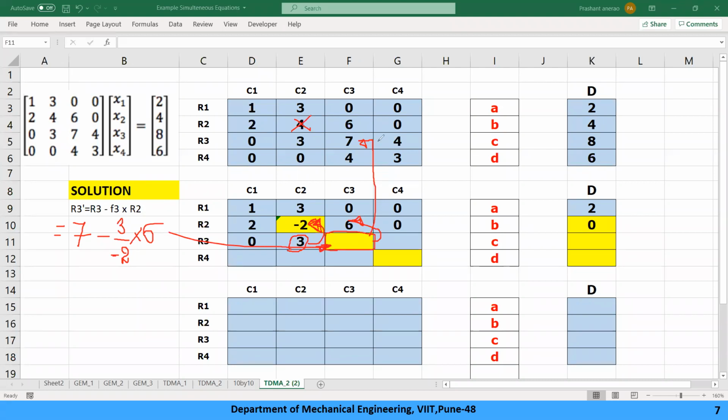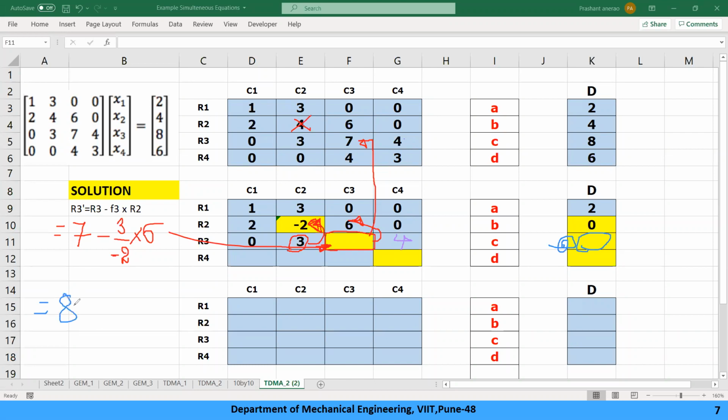So this will get put in this place. Now, next, this 4 is as it is, no change. Then we need to change this portion, the D vector. Let's work on it using the same formula. R3 old value of D was 8.